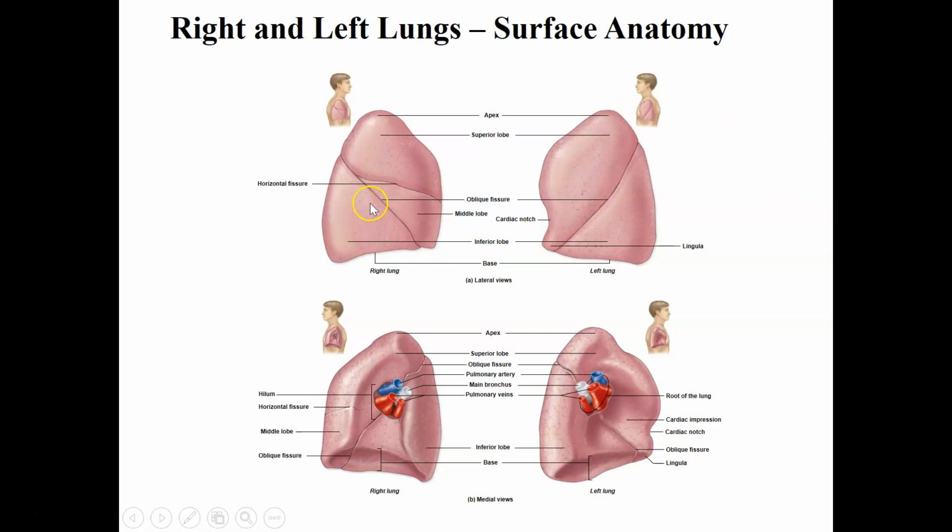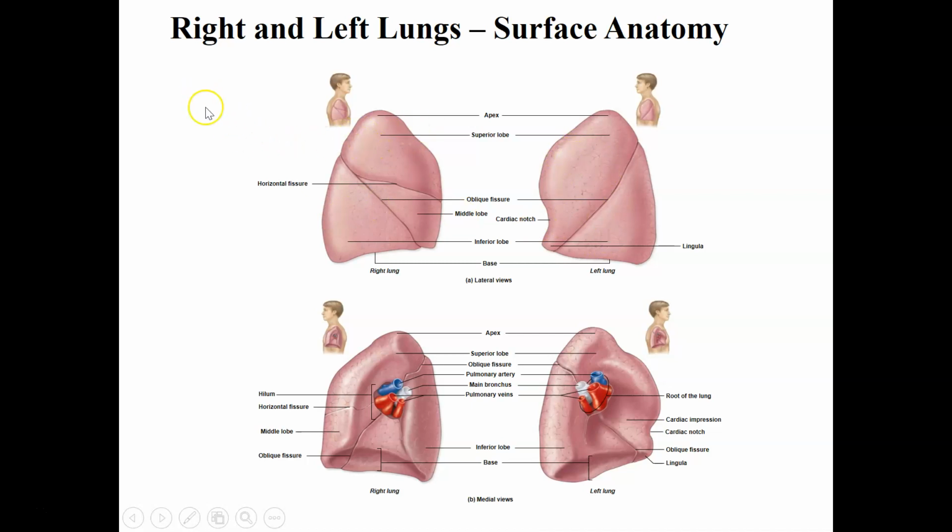First of all, the right lung is larger, as I mentioned before. The left lung, being smaller, has an indentation on the medial inferior surface called the cardiac notch.